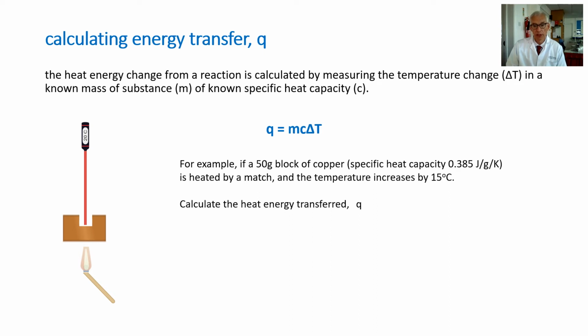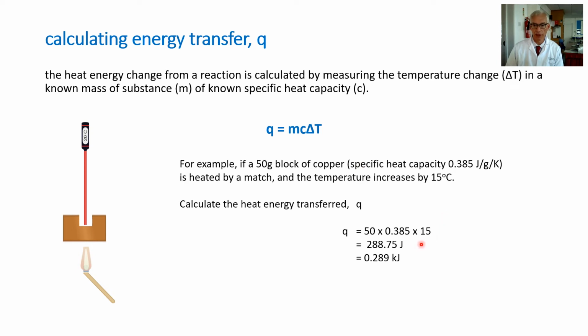So, very simply, Q is equal to 50, which of course is the mass of the copper block. So M is 50. The specific heat capacity, I've quoted at 0.385, put that in the line, and the temperature change, the difference between the initial and the final temperature, is 15.